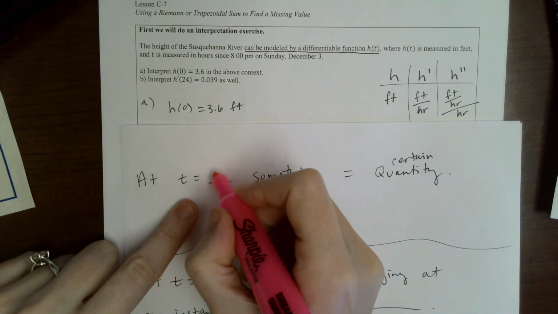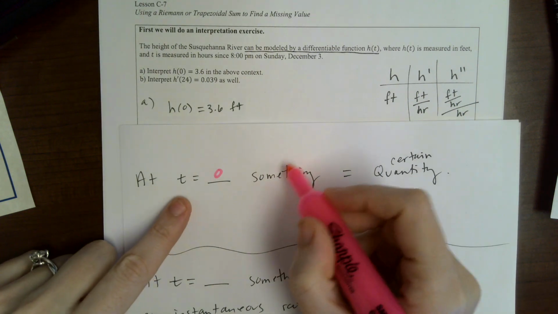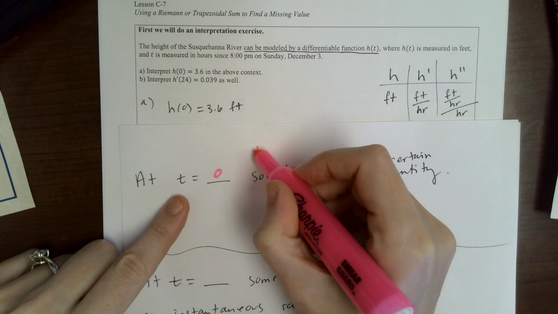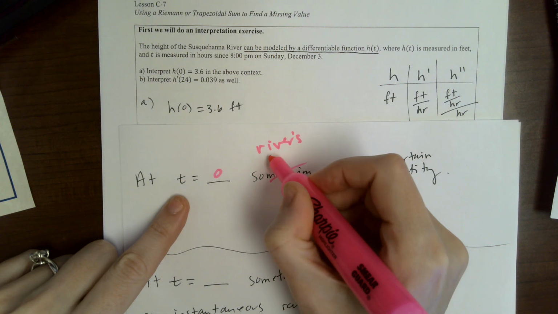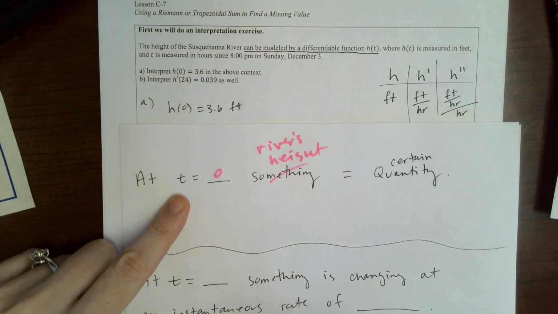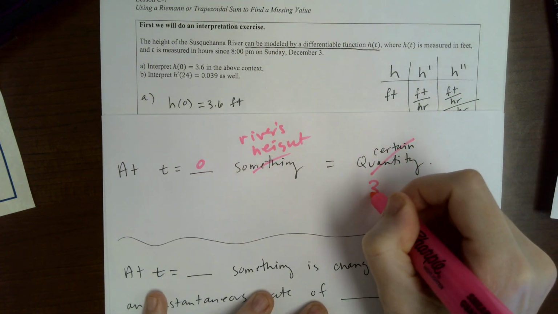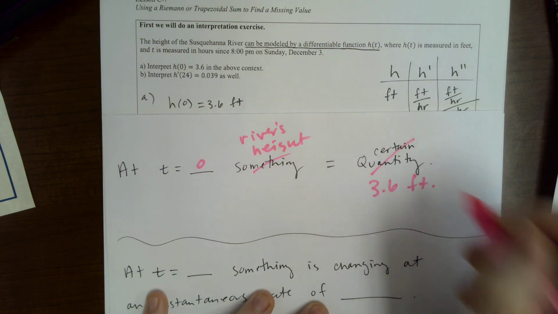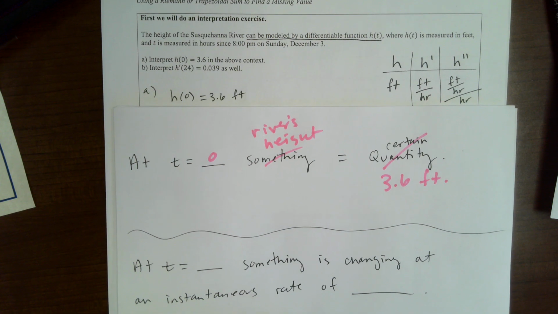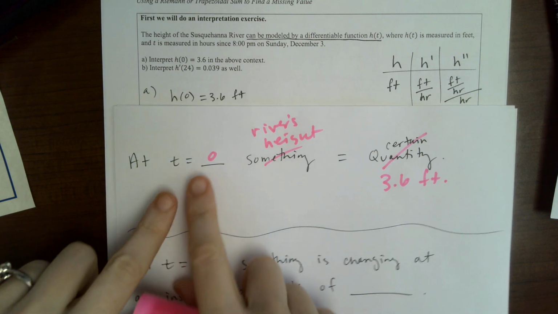So at t equals 0, something, what is this something? This is the river's height. Something is equal to a certain quantity. This certain quantity is 3.6 feet. Okay. Now I could make this even more detailed at the beginning.